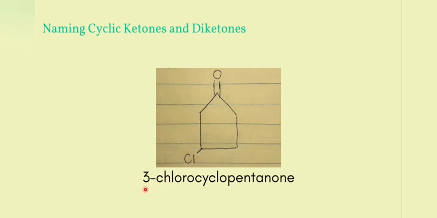So 3-chloro-cyclo since it is a cyclic ring, and pentane since there are 5 carbons present. So 1, 2, 3, 4, 5. And the E is replaced with ONE to symbolize that there is a ketone present. But if these are diketones, then this will be named as pentanedione.